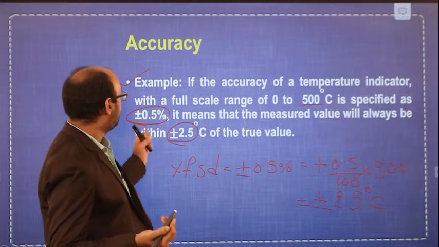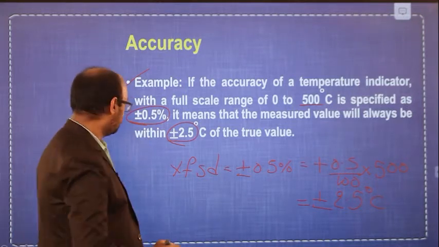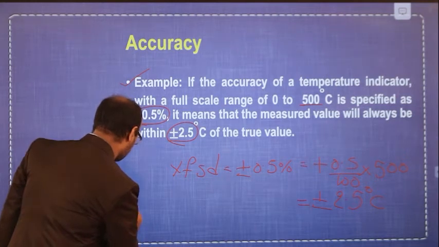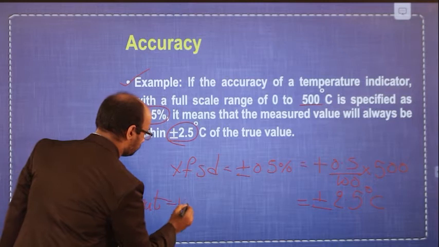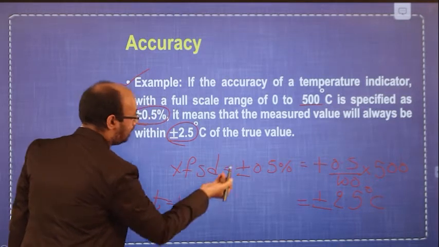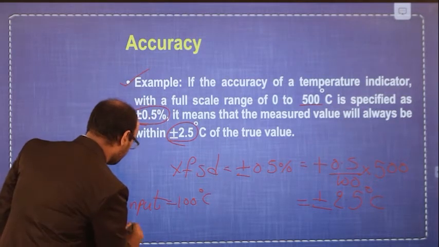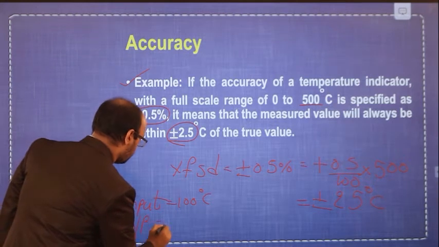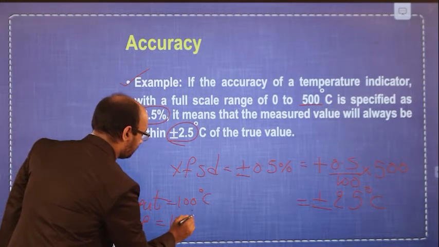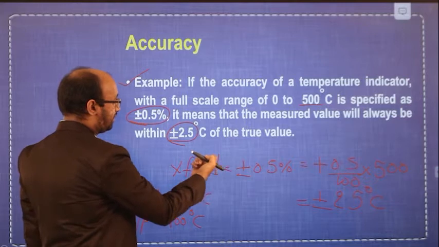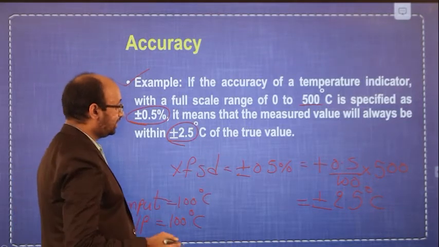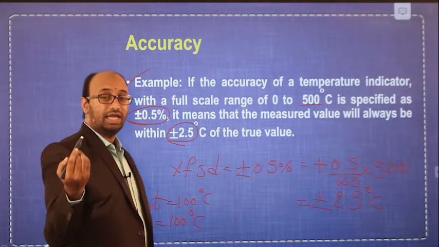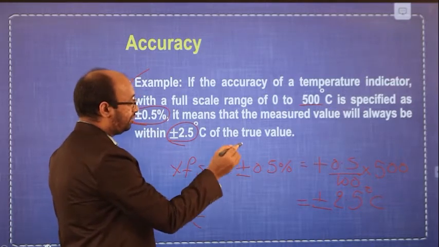Let us suppose the input to this temperature indicator is 100 degrees centigrade. The indicator should display 100 degrees centigrade. But as the accuracy is specified as plus or minus 0.5 percent of full scale deflection, there may be an error of plus or minus 2.5 degrees.